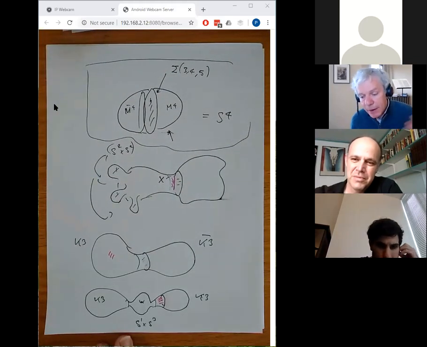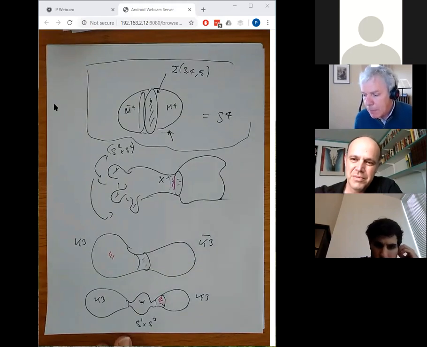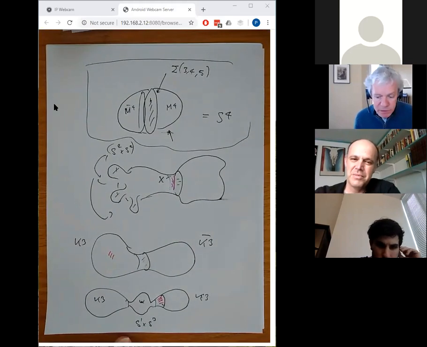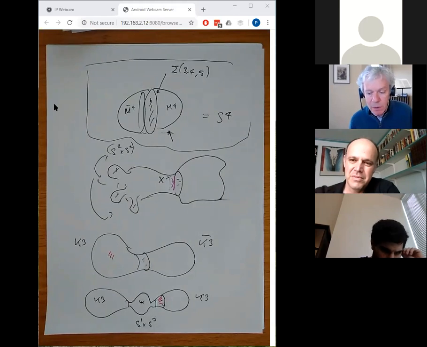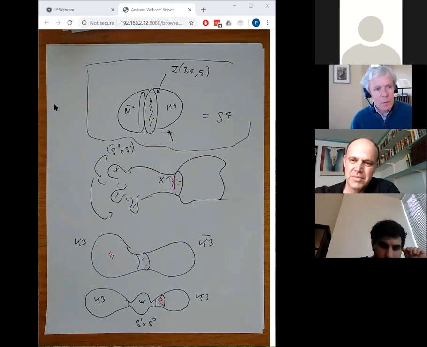Danny's paper was pi0 of diff. Recent work of Baraglia and Konno is also pi0 of diff. But there are also applications by other authors to higher homotopy groups of diff of four-manifolds.